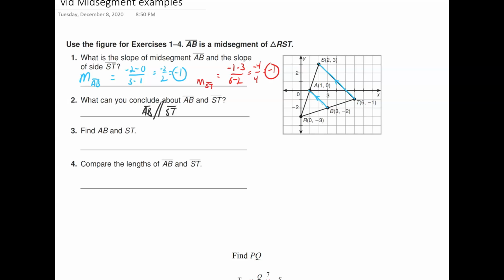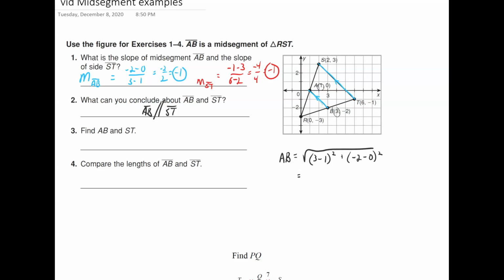Now this, remember, AB without a bar means it's the distance or the length of AB. So we're going to do those off to the side here. The length of AB is the square root of the difference in the x's. So we're looking at the midsegment, and the difference in the x's from 1 to 3, just say 3 minus 1, squared, plus the difference in the y's, which would be negative 2 minus 0 squared.